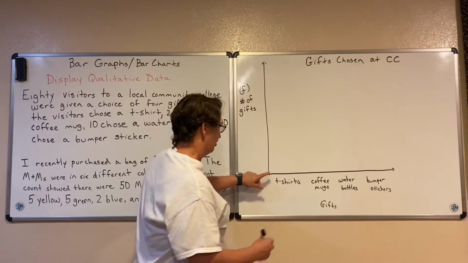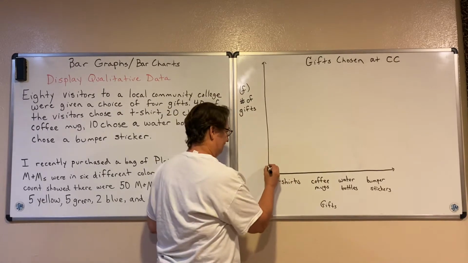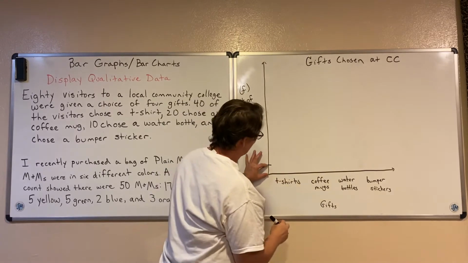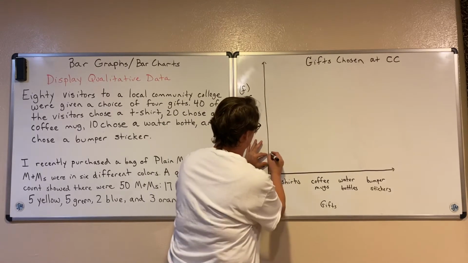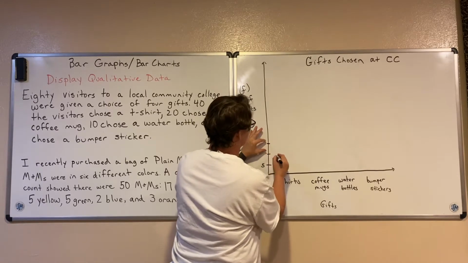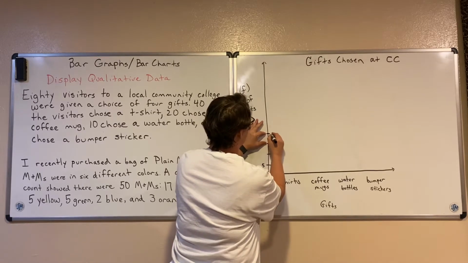So here I'm going to start at 0 and I'll just count by 5s. So 5. Notice here that I'm going to make this the same distance each time. So just like I talked about, it needs to be a consistent measure that I'm counting by.